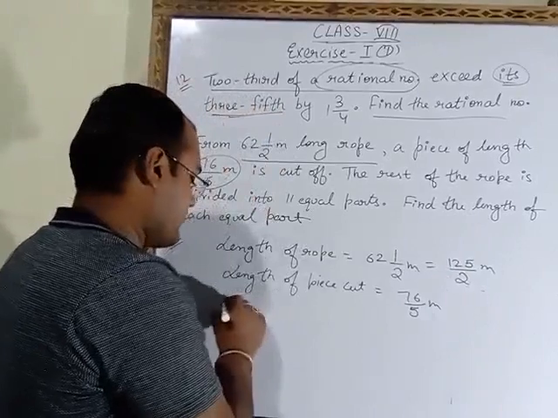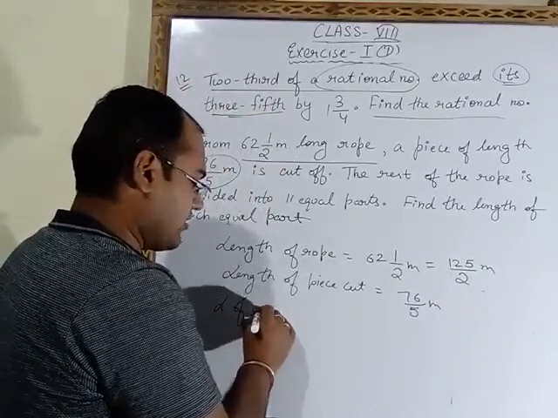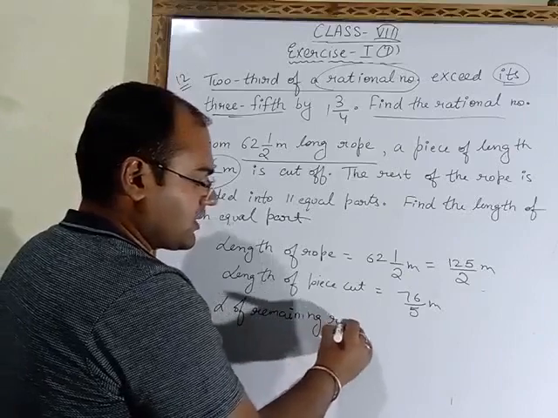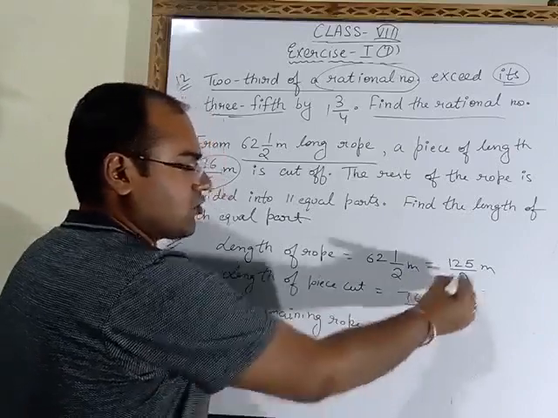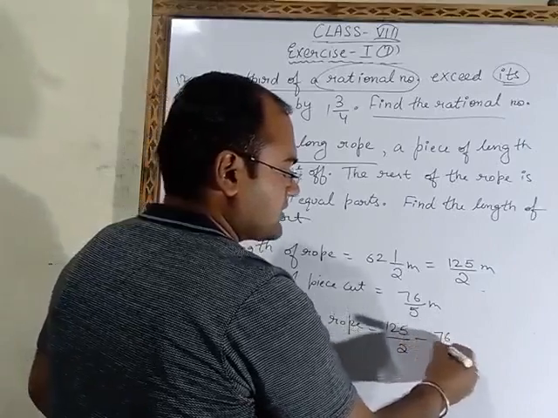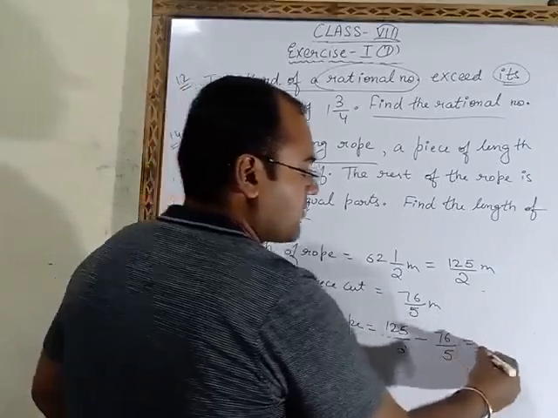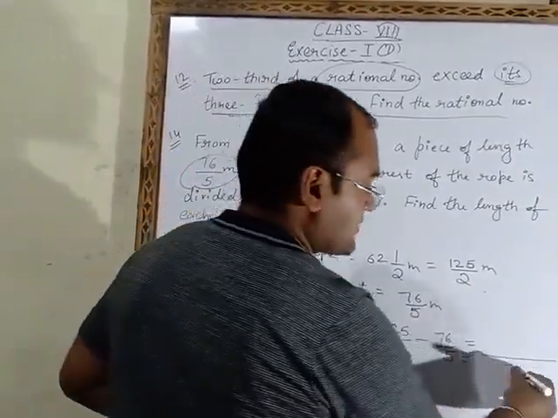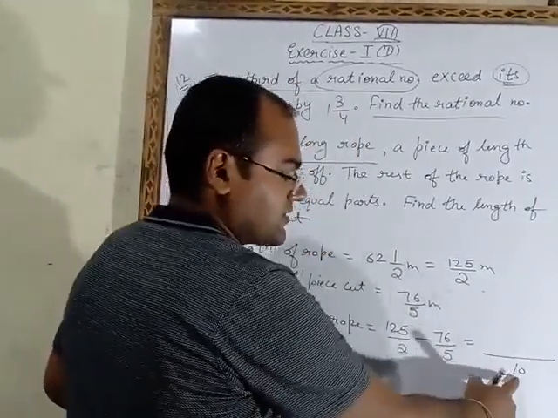Now we will write the length of the remaining rope. Remaining means total length 125 upon 2 minus the part we cut. Now we will subtract these two with LCM. The LCM of 2 and 5 will be 10. 5 times 125 is 625, minus 2 times 76 is 152.